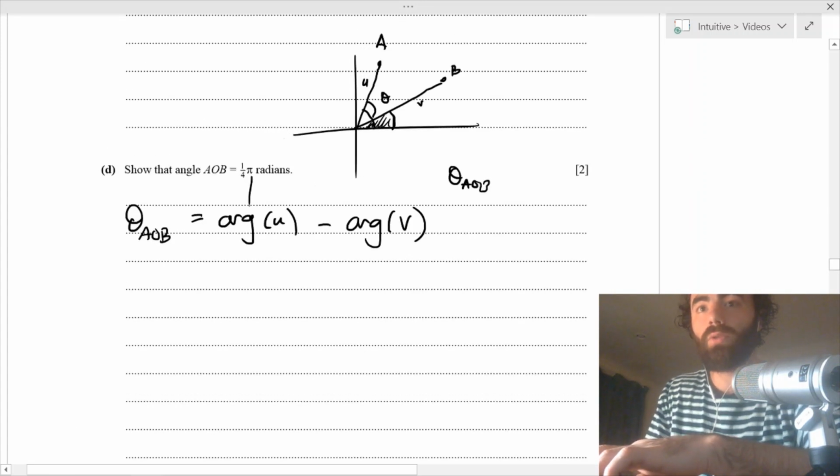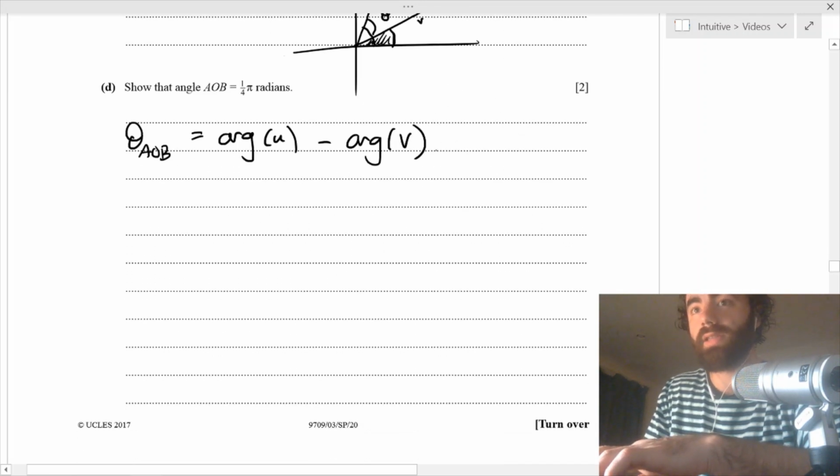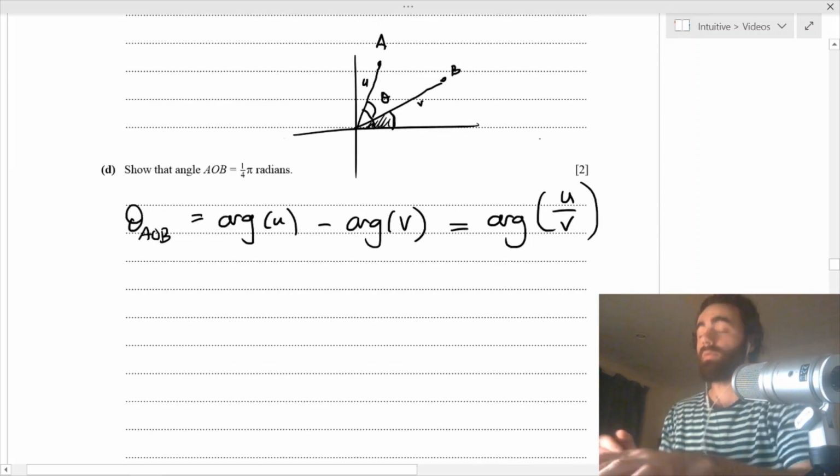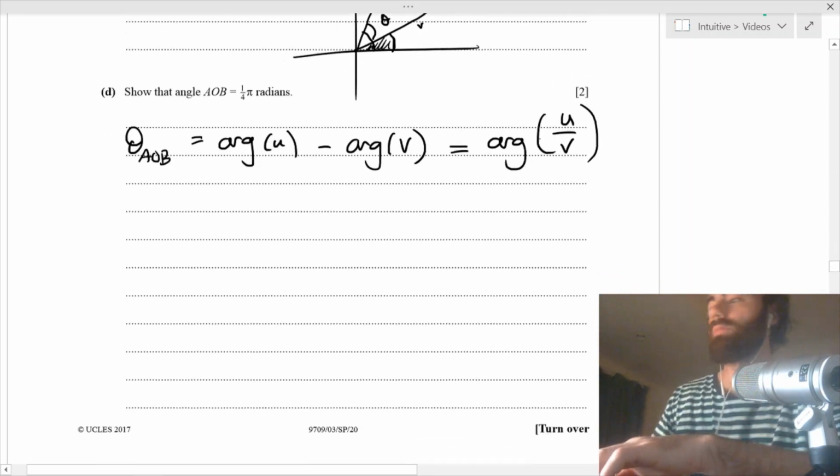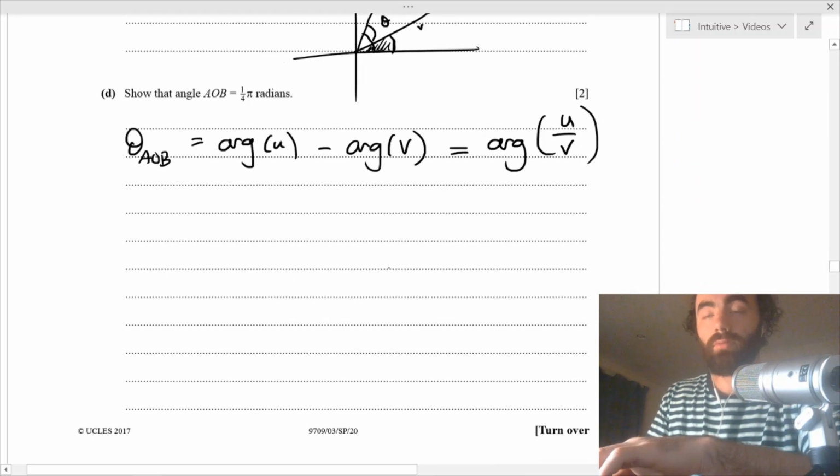Now you could work out these things individually and then subtract them from each other, but this also comes down to your understanding, and this actually equals the argument of U divided by V, and that comes from the properties of arguments, which I have gone through in detail in my video on complex numbers.